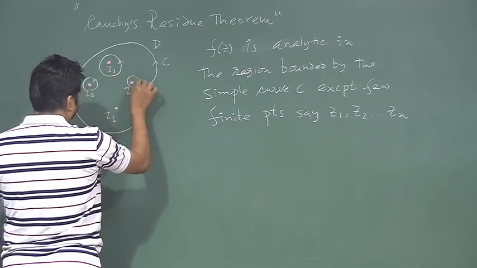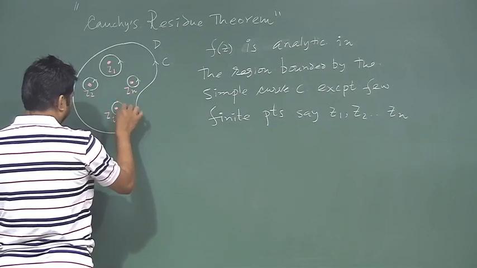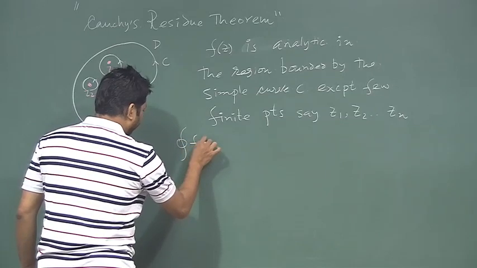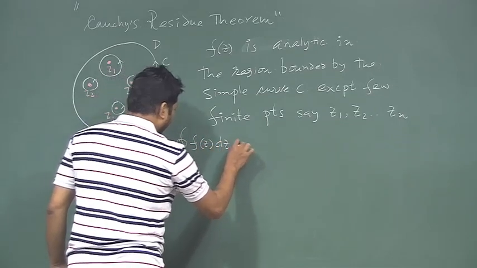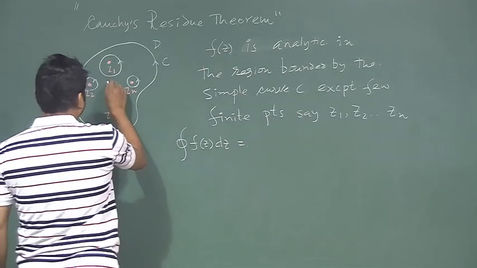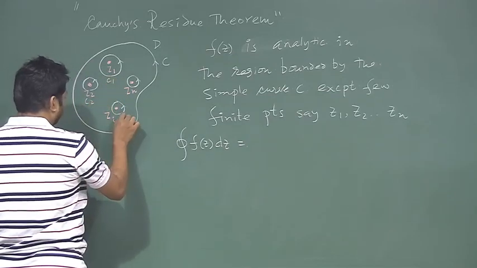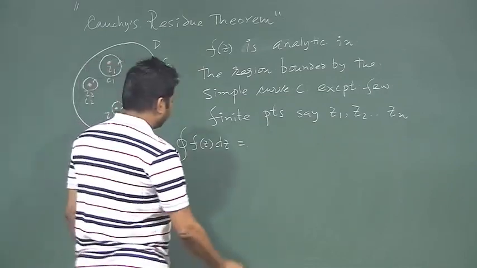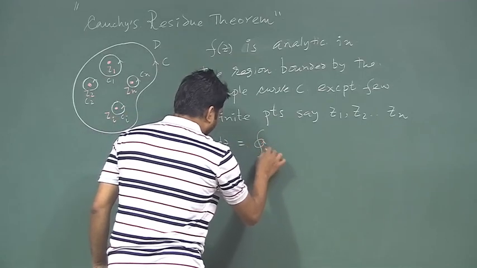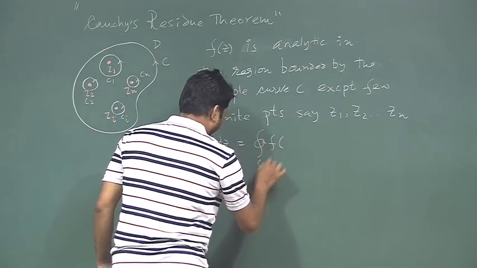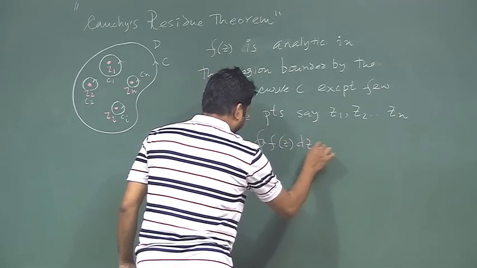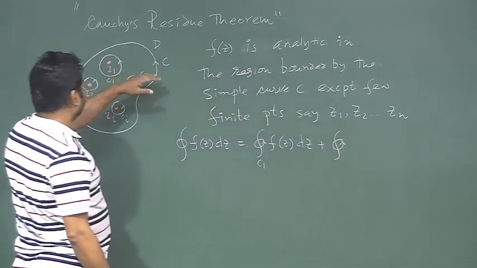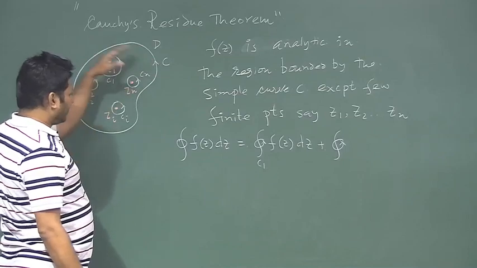I can write the closed integral of f(z) over this region as the sum of the integrals over the circles, where this is C1, this is C2, this is Ci, this is Cn, with i a general element. This we have already proved in our previous class, so I am not going to prove it once again. I just encircle these points, and then the region becomes multiply connected, and for multiply connected regions this is true.